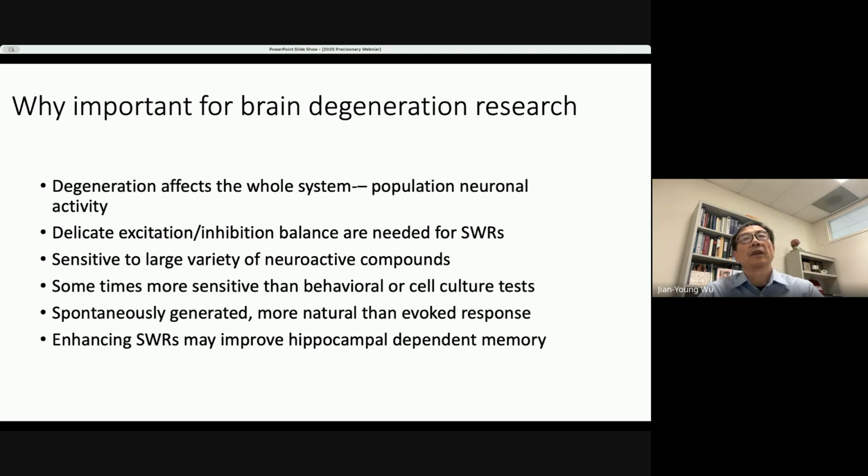The sharp wave itself is generated by glutamatergic and GABAergic neurons, and there are many receptors, and also neuromodulatory synapses or receptors, like serotonin, dopamine, and acetylcholine, which are highly expressed in the hippocampus, right?